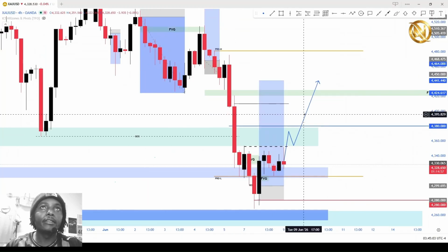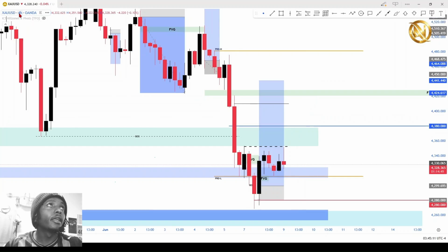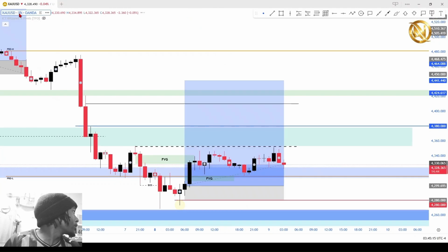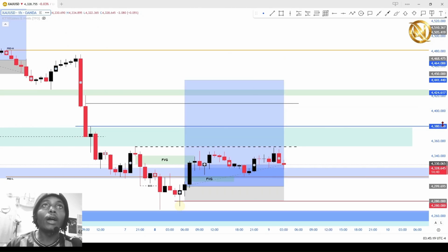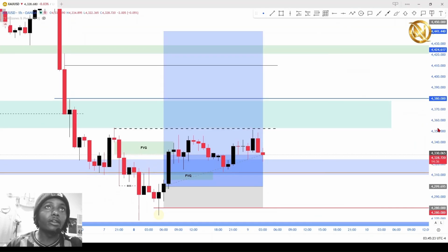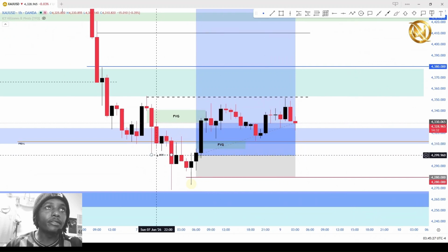So after identifying our swing structures on the higher time frame, now I'll scale down to the 60 minutes. I'll get back to the 1 hour. Now on the 1 hour, what I was observing was a break of structure.